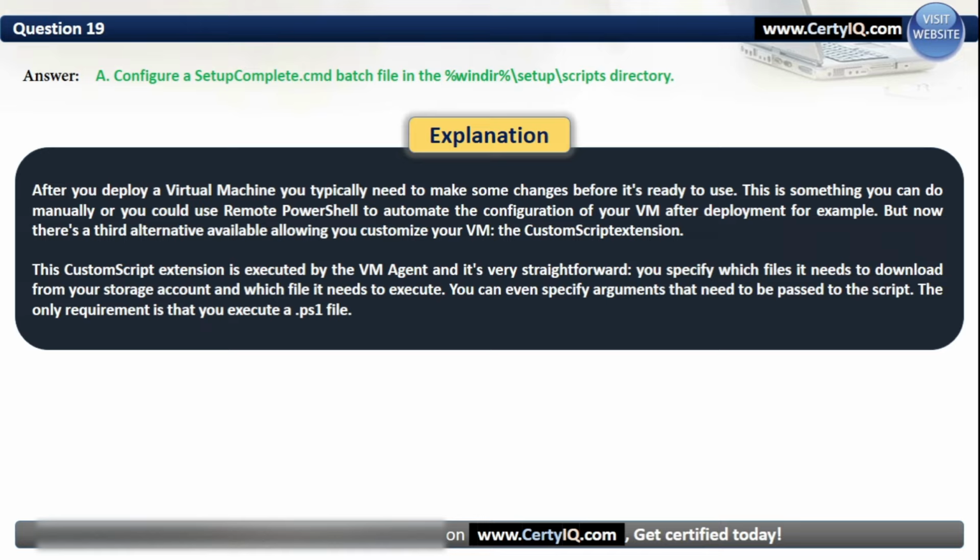But now, there is a third alternative available, allowing you to customize the virtual machine, the custom script extension. This custom script extension is executed by the virtual machine agent, and it is very straightforward. You specify which files it needs to download from your storage account and which file it needs to execute. You can even specify arguments that need to be passed to the script. The only requirement is that you execute a .ps1 file.